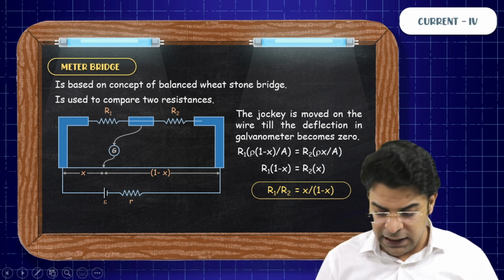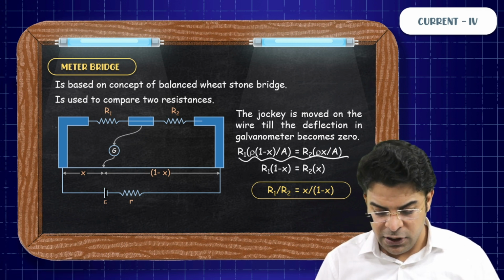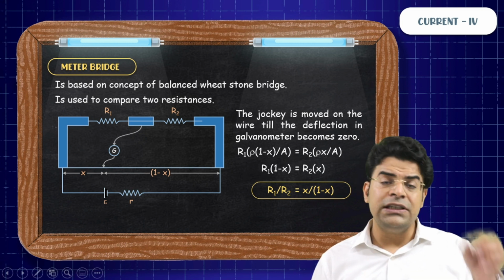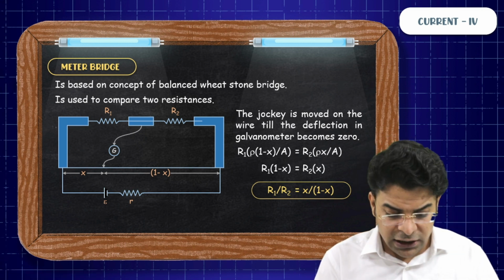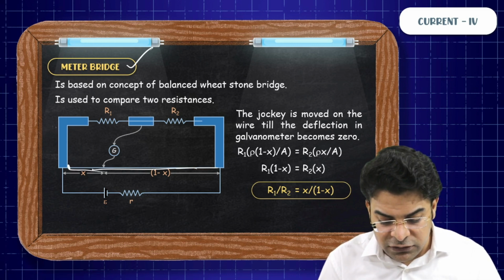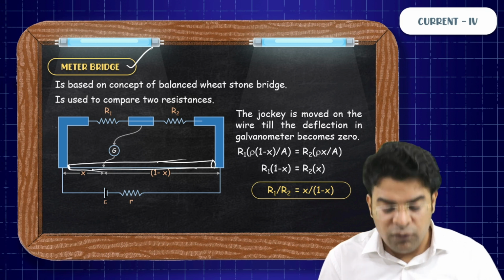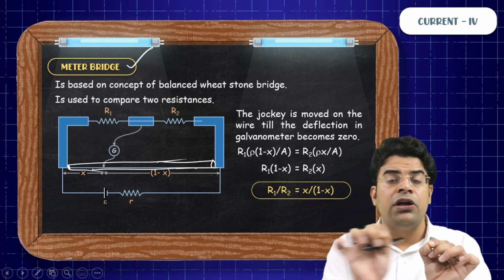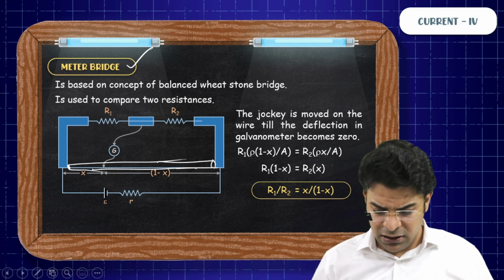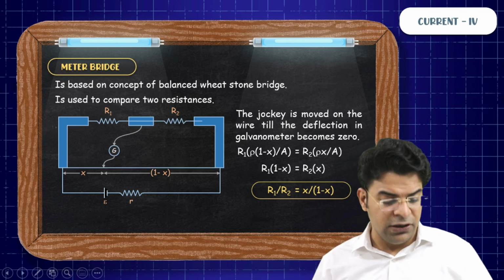Do notice that in this step, we cancelled out resistivity and the cross-sectional area. These types of questions are asked. In the meter bridge, if the cross-sectional area of this wire is increased, what will happen to the position of null point? No change. So you will say, sir, the cross-sectional area gets cancelled.